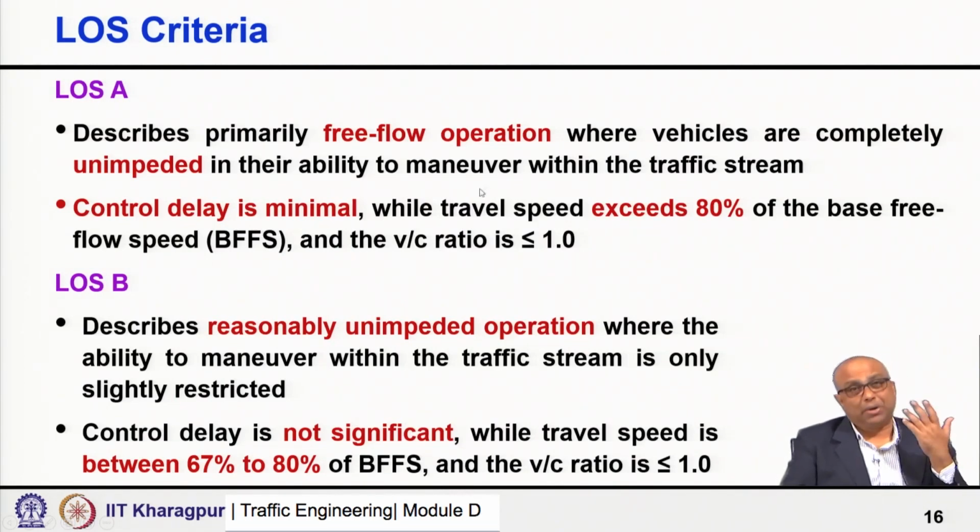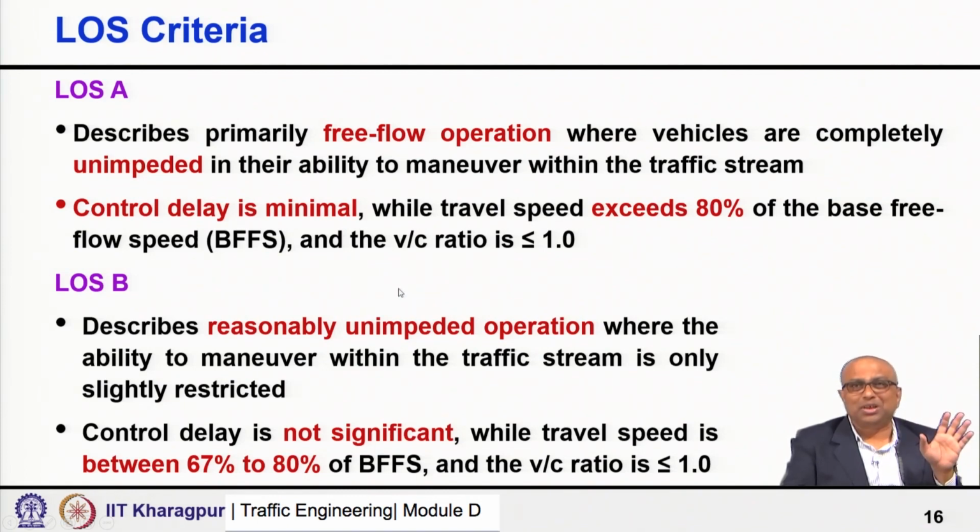LOS A: primarily free flow operations, vehicles are completely unimpeded in their ability to maneuver within the traffic stream. Control delay is one type of delay. We will discuss what exactly control delay is in some other lecture when we talk about signalized intersections, particularly in module E. And the travel speed exceeds 80% of the base free flow speed.